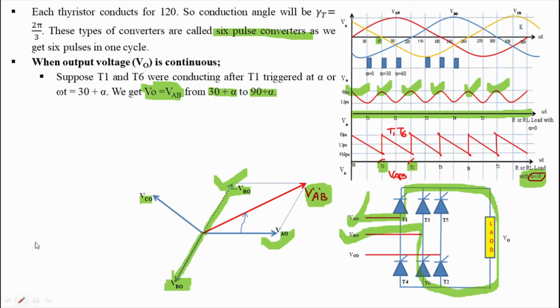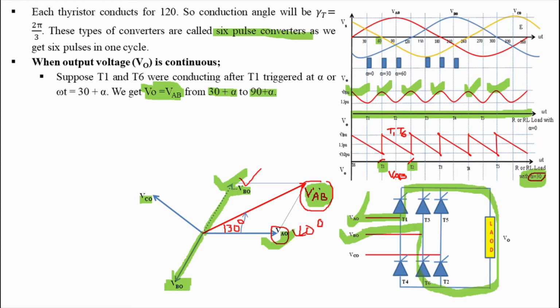Now we can clearly see that as these two vectors VB0 and VA0 are both equal in magnitude, we get this angle that is equals to 30 degree. So this VAB is phase displaced by 30 degree from this VA0, because this VA0, that is phase voltage of A, is taken as reference phasor.